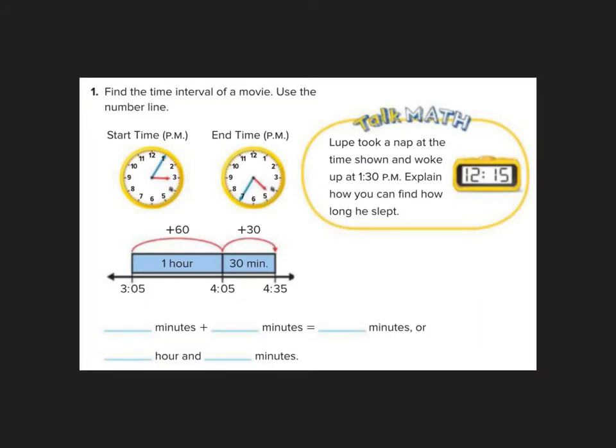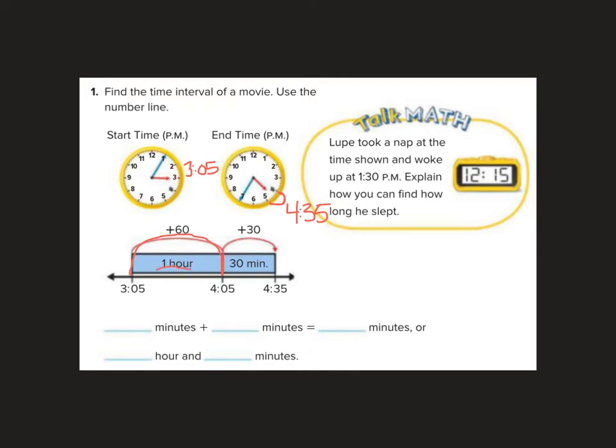Find the time interval of a movie. Use the number line. So the start time was 3:05, and the end time is between 4 and 5, so we know it's 4 something, 4:35. If I start at 3:05, then I can jump to 4:05, and that would be 1 hour.